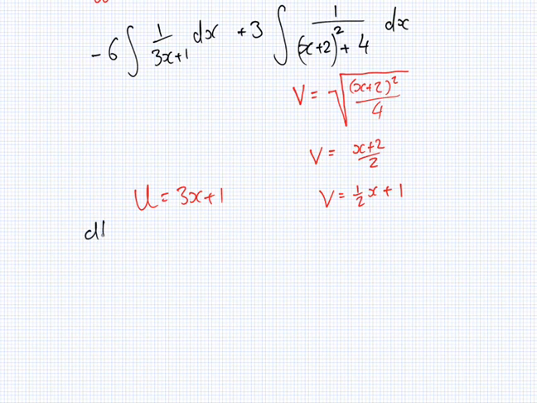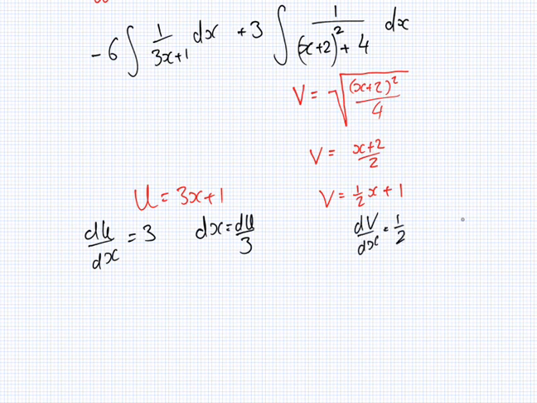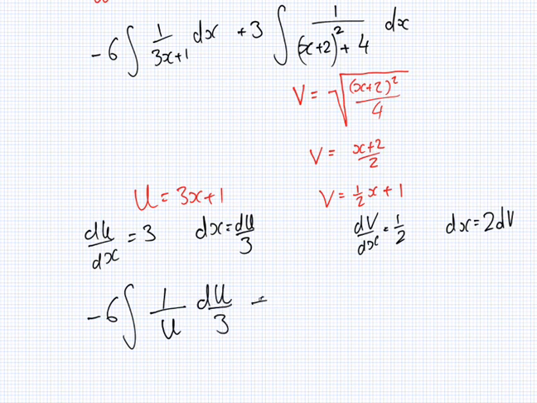Here we get du dx equals 3. So that means dx equals du over 3. And here we get dv dx equals a half. So that means dx equals 2 dv. Substituting these back in, I get minus 6, 1 over u, du over 3 plus 3, 1 over x plus 2.